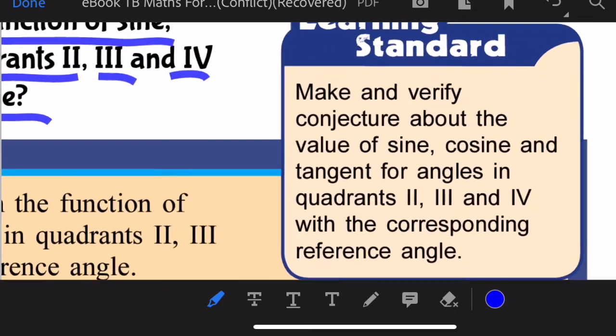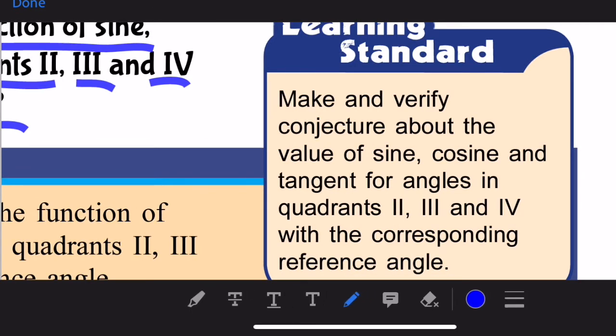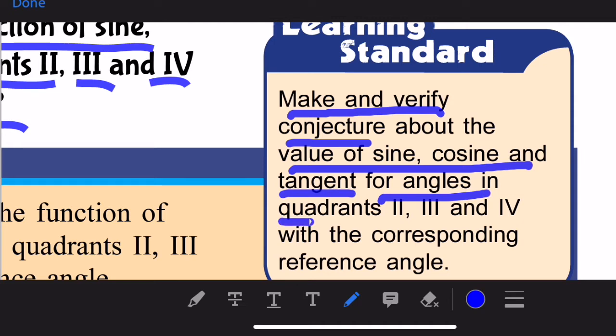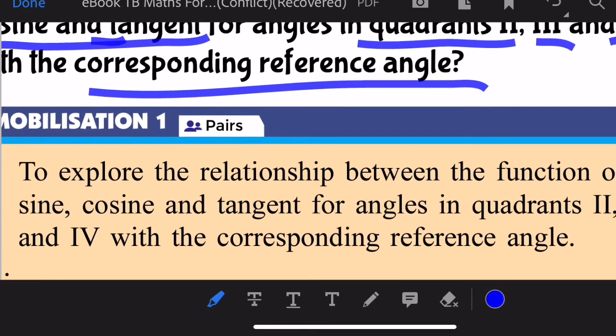For today's lesson, our learning standard is to make and verify conjectures about the value of sine, cosine and tangent for angles in quadrant 2, 3, 4 with the corresponding reference angle. Sounds very technical. What is reference angle?